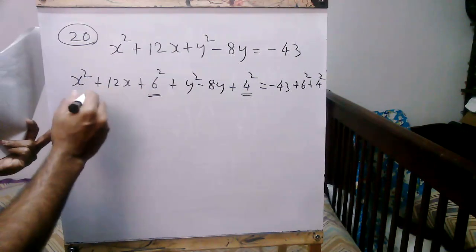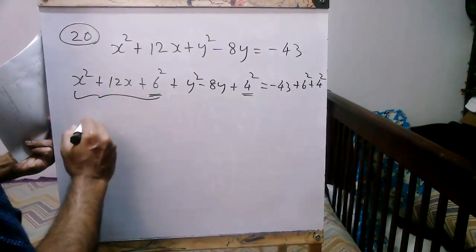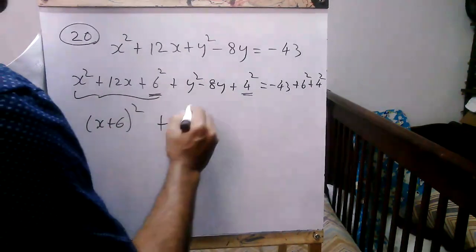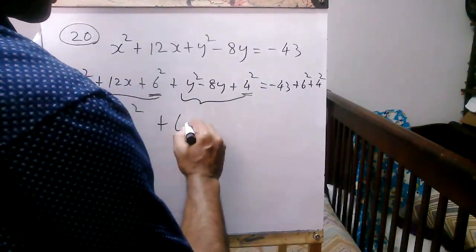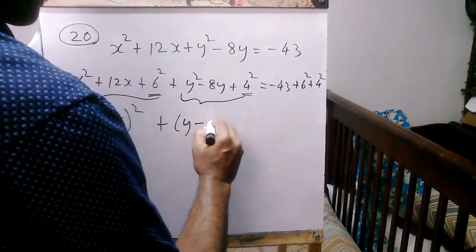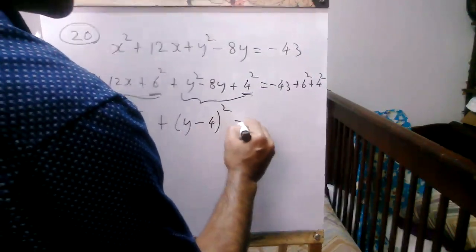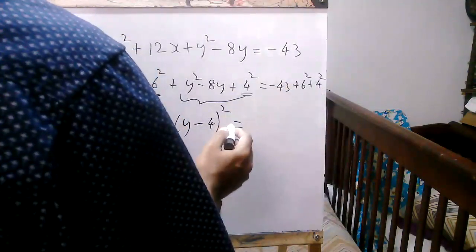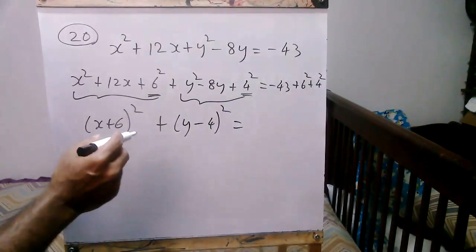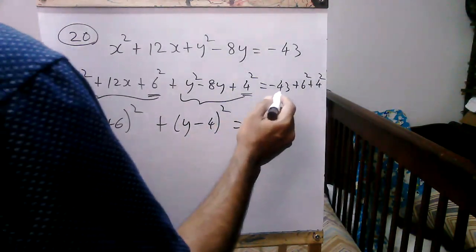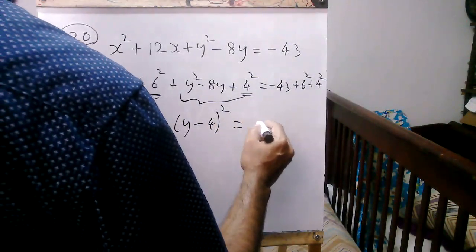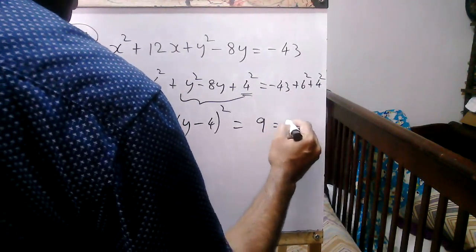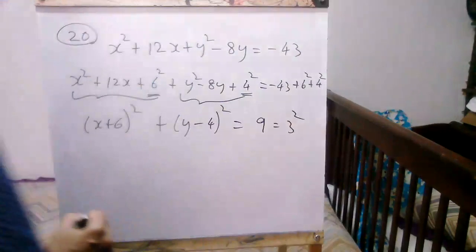This part we can write as (x plus 6) squared, and this part as (y minus 4) squared, equals 36 plus 16 minus 43, which is 9, which is 3 squared.